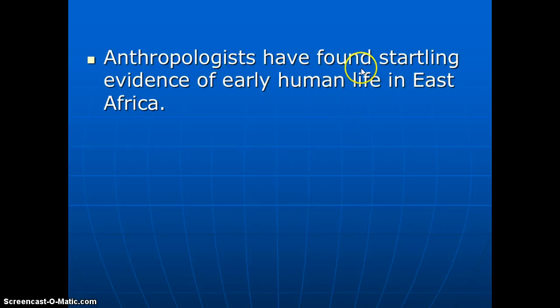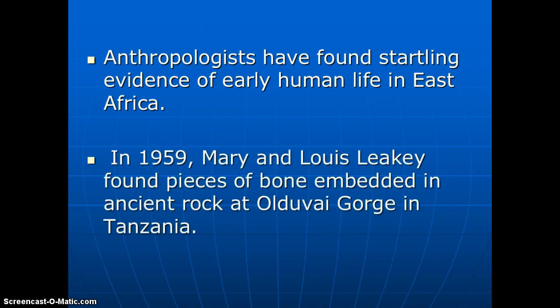Anthropologists also believe that early humans' life began or originated in East Africa. That's where the oldest hominid bones have been found. And one of the anthropologists that made the big discoveries was Mary and Louis Leakey in 1959.